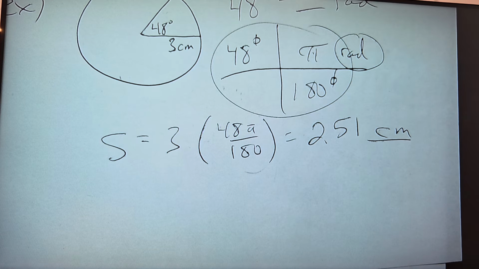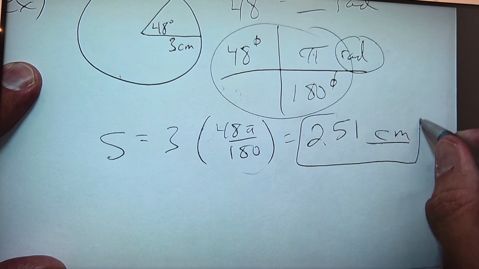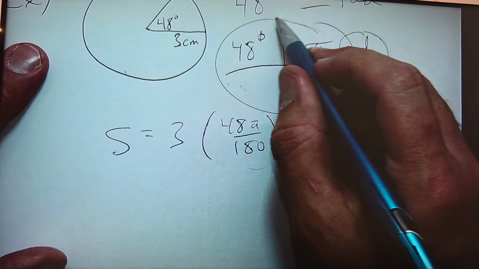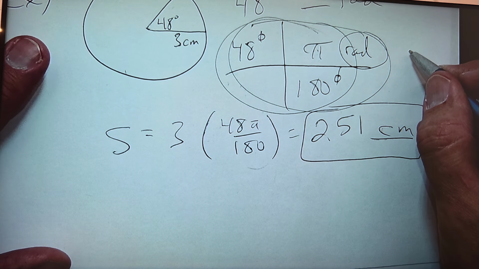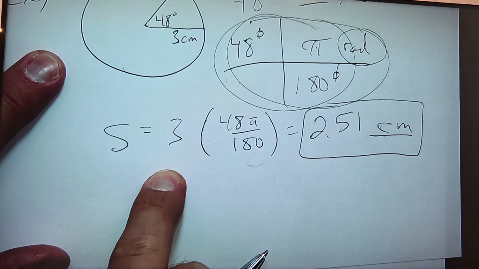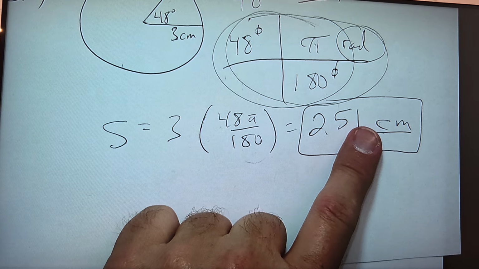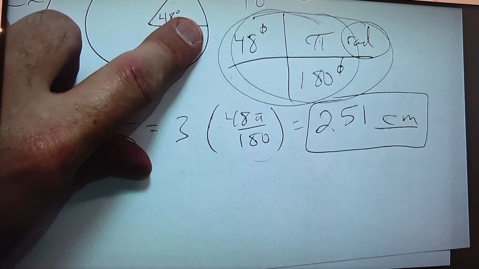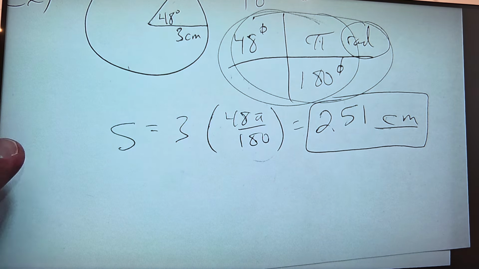Radians just move out of the way for the new unit of centimeters. This would be number of radiuses times 3 centimeters, so the radiuses sort of cancel out. And that's why you end up with just centimeters. So if I'm measuring length, I should end up with length units.